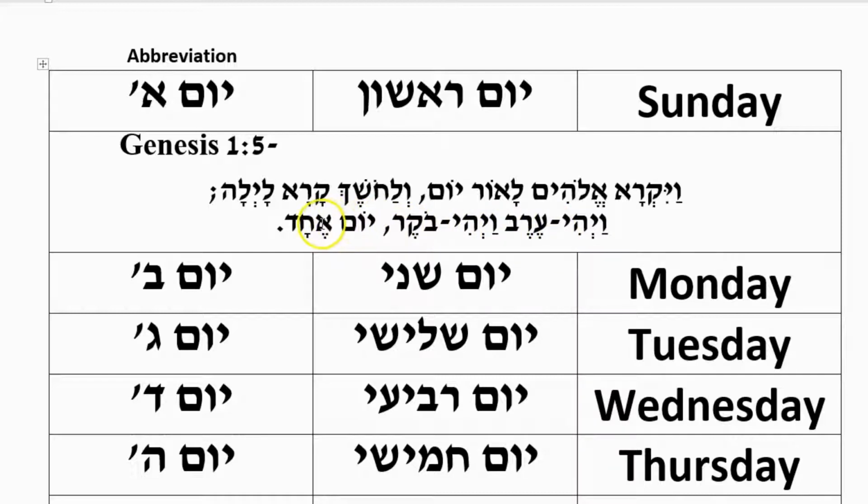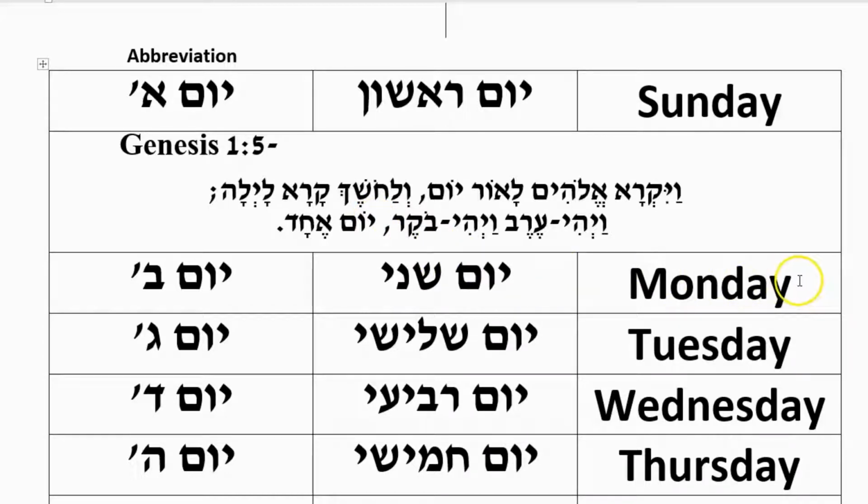Yom echad. So Yom echad is how Genesis names it, and then from here all the other days are named ordinally. The second, the third, the fourth. So in Bereshis, this is where we derived our names, with the exception of the first day, which we call Yom Rishon in common parlance, but the Torah calls Yom Echad.